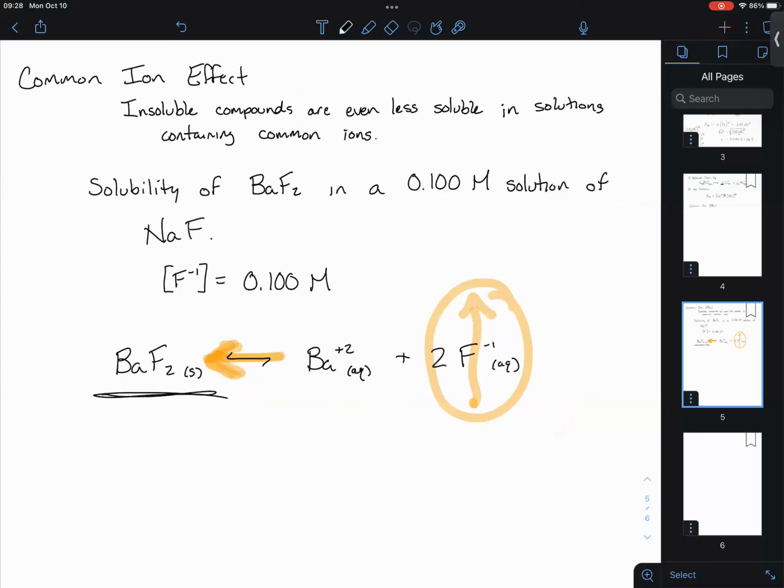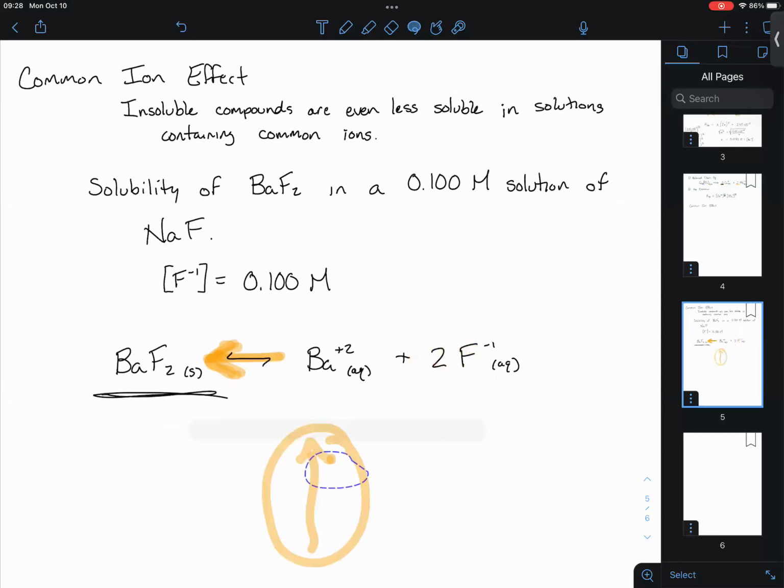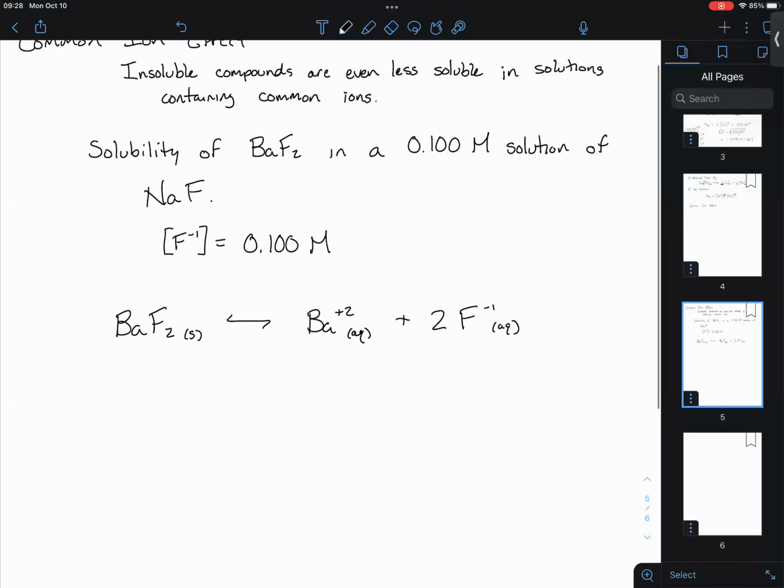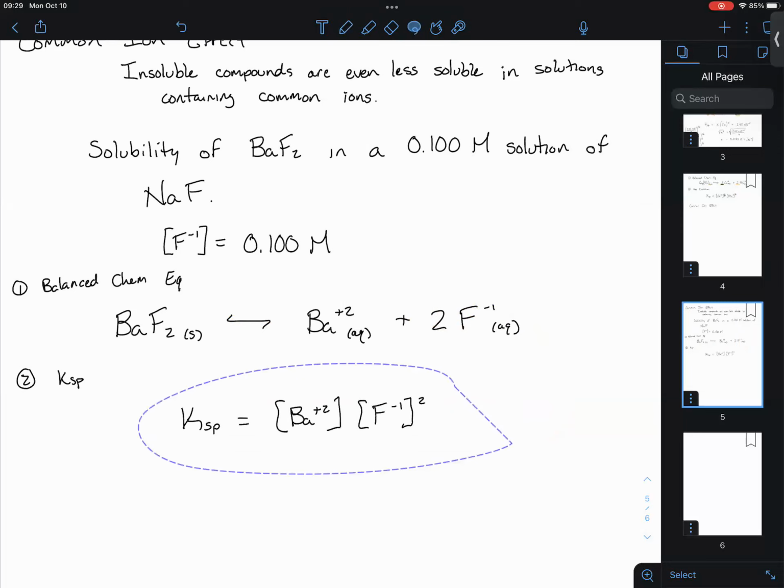All right, and let's go ahead and establish this mathematically using our equilibrium expression. This was our step one, our balanced chemical equation. Step two was our Ksp expression. And then what do we use to fill in our Ksp expression?